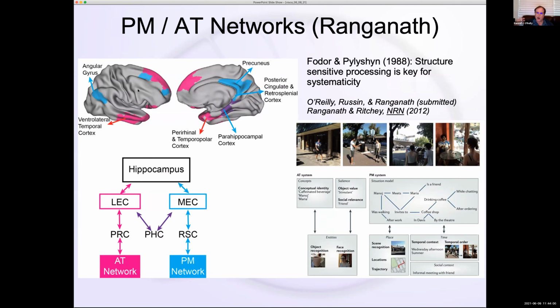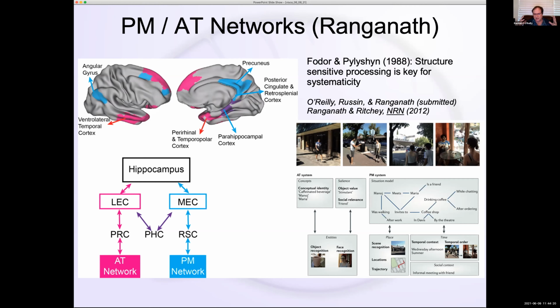And we think of that as content. And then, more uniquely and really interestingly, the medial parietal pathways, including the posterior cingulate cortex and the retrosplenial cortex, that really seem to encode structure.